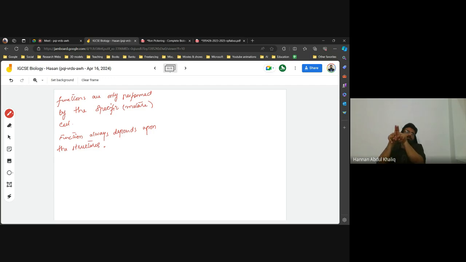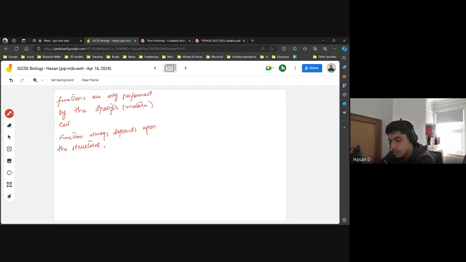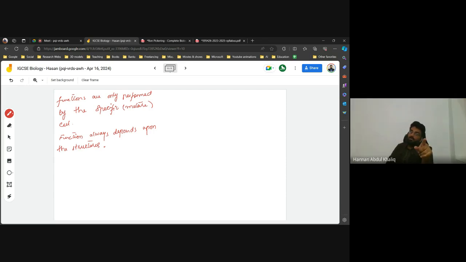They are present together in the blood. Because the white blood cells' function is to protect the body from germs. But their function could be performed by anyone if it was not dependent upon the structure. The white blood cells have that structure which makes them able to perform a certain task.